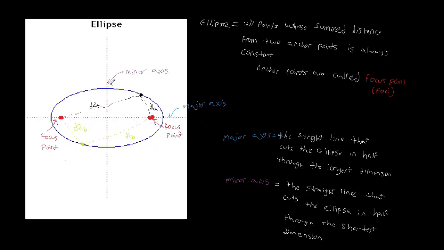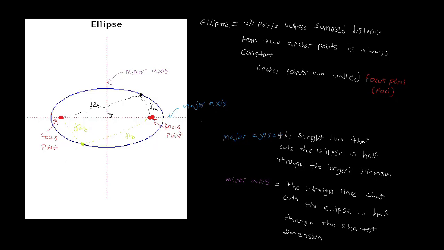One thing that we didn't specify, and we probably should have, is that these lines are horizontal and vertical. So this is a vertical line, this is a horizontal line, and they are perpendicular to each other, meaning that they intersect in the center of the ellipse at a 90-degree angle.